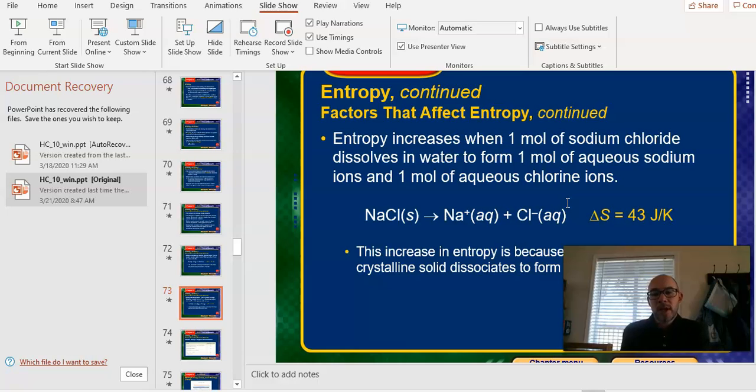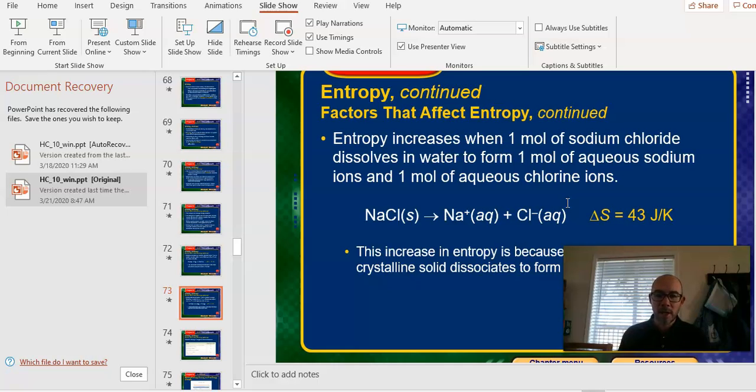Now, this reaction that you see here is when you put salt into water and you stir, all right? You take some solid crystals and drop them in the water and stir until they break up into small pieces and float around inside that water. Okay, the entropy increases when a mole of sodium chloride dissolves in water to form a mole of aqueous sodium ions and a mole of aqueous chloride ions.